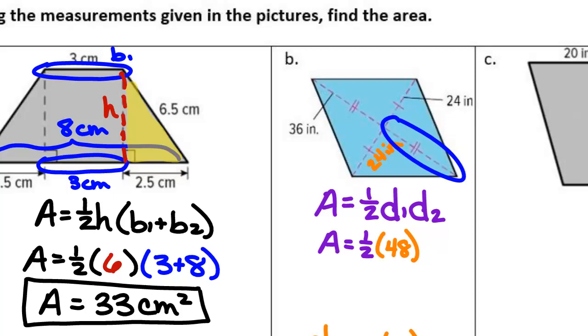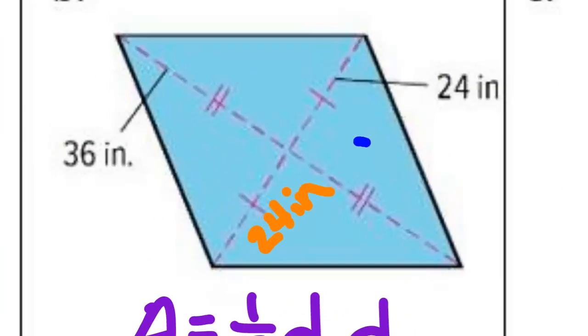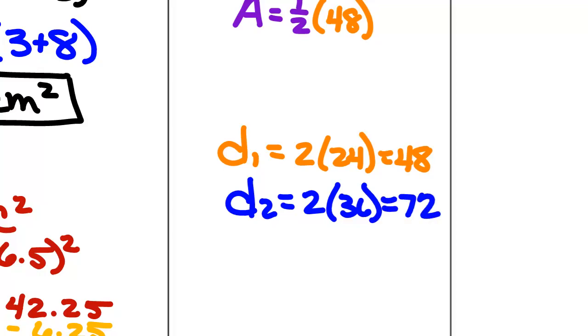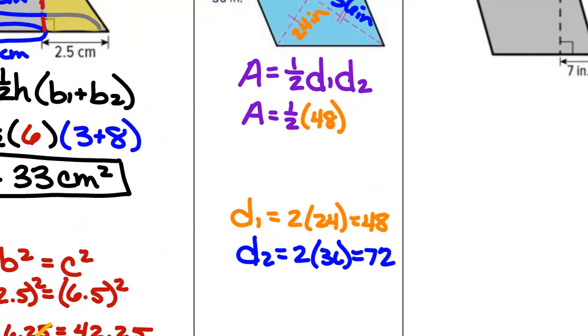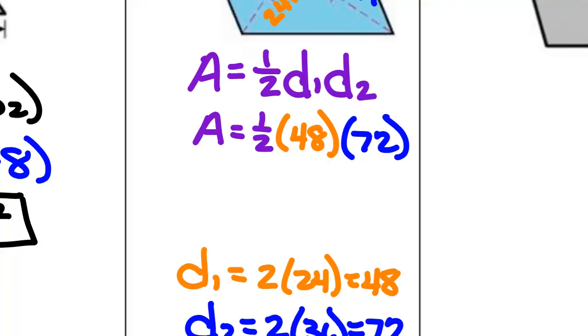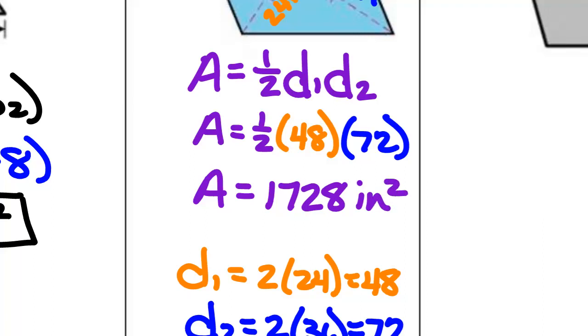So how much is this? Also 36. So how big is my other diagonal? 72. 2 times 36 is 72. So 1/2 times 48 times 72, and then I pop that into my calculator. I get an area of 1,728, and our units on that would be inches squared.